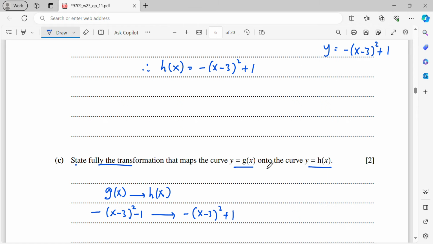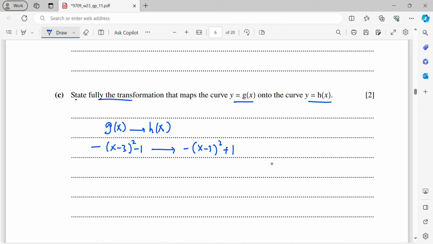Okay, so now from here, I will say the second function, the h(x), is basically negative (x minus 3) squared minus 1, which is our g(x) here, then plus 2. So that means this is g(x) plus 2.